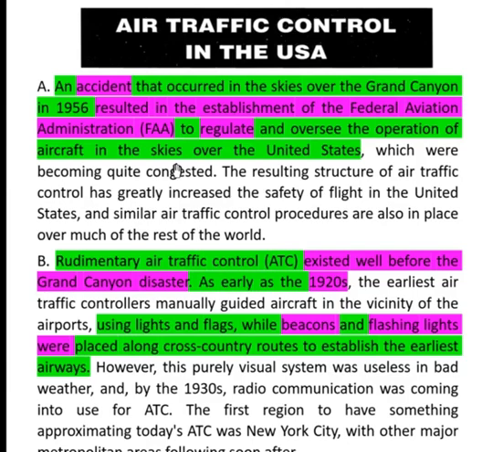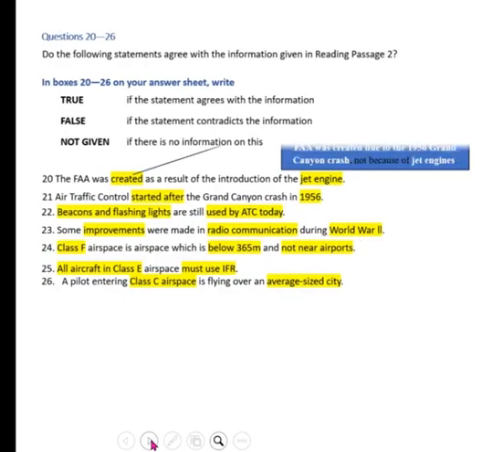From this first paragraph, I hope you can see clearly, and I hope you have your answer already. Here we go. The passage, according to paragraph A, states that the FAA was created due to the 1956 Grand Canyon crash, not because of jet engines.